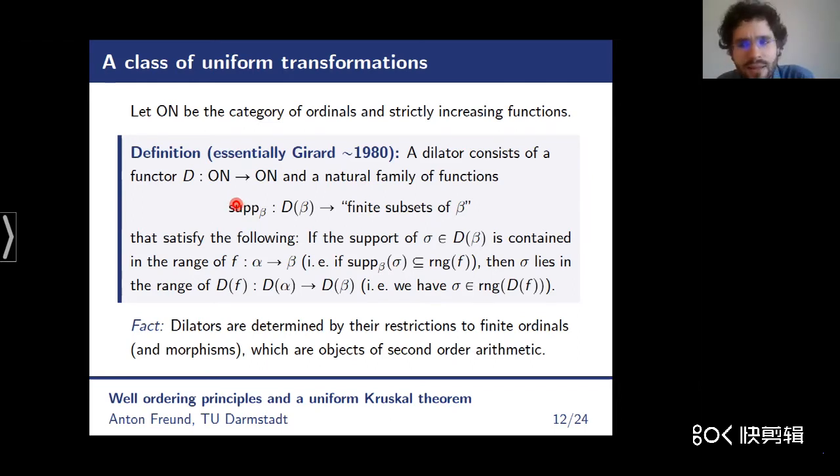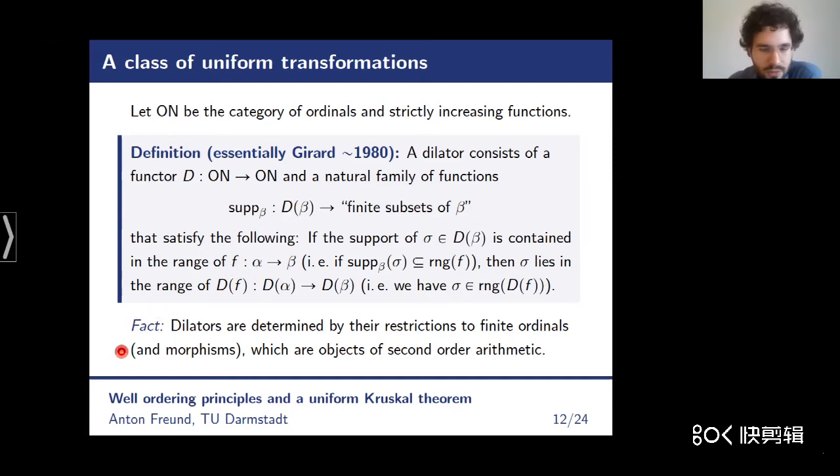I think the best way to think about this is probably that the elements of D of beta are terms, and this support picks out the constants that occur in different terms. Okay, but really all we need for the following is that a dilator is a particularly uniform transformation of well orders, and each element of a value has something that's called its finite support.